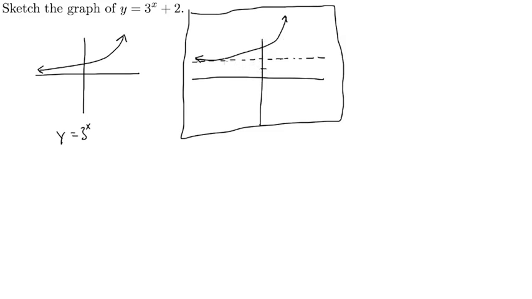The only extra thing I would encourage you to do here is to put in this dashed line to show that our horizontal asymptote has changed. If we did not shift this vertically, don't worry about putting in the dashed line along the x-axis. That's really unnecessary. But if you do have a vertical shift, I'd encourage you to go ahead and do this.